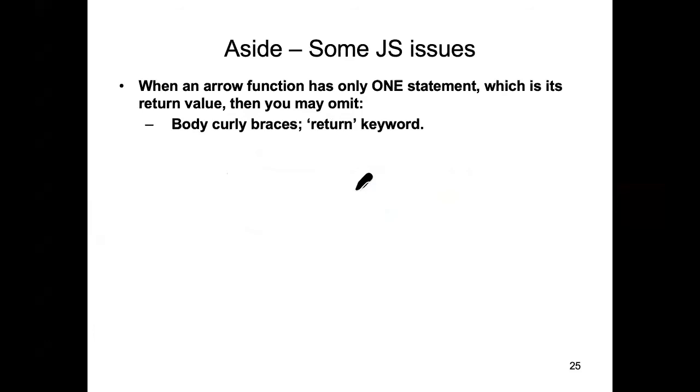Before I show you the next example, there are one or two little aspects of JavaScript that I need to remind you of, even though it was on last week. You might remember that when you're using the arrow function syntax, you can remove a lot of the syntax in certain cases, like if there's only one statement in the body of the arrow function, and that statement is its return value.